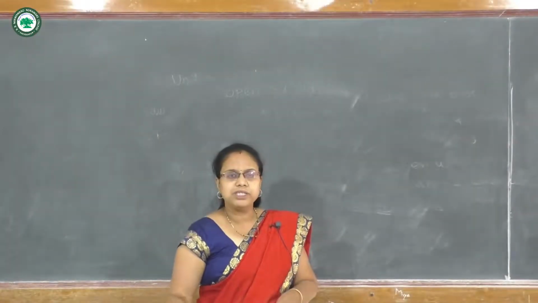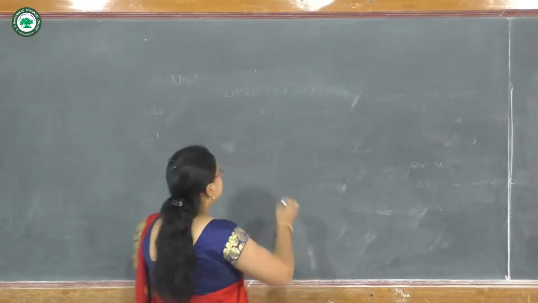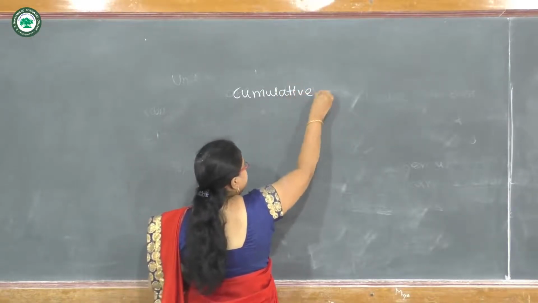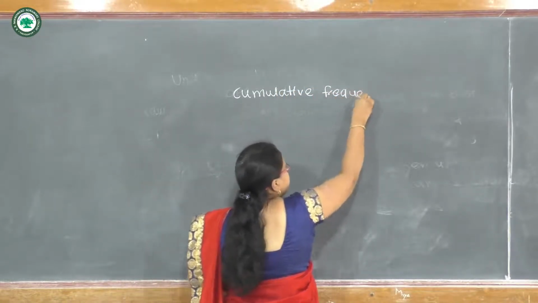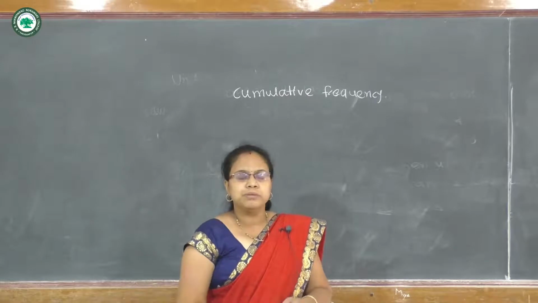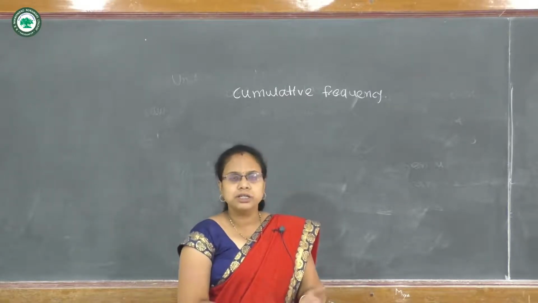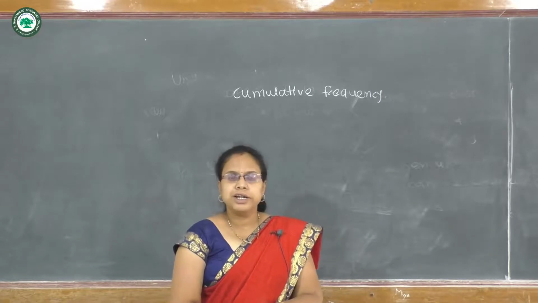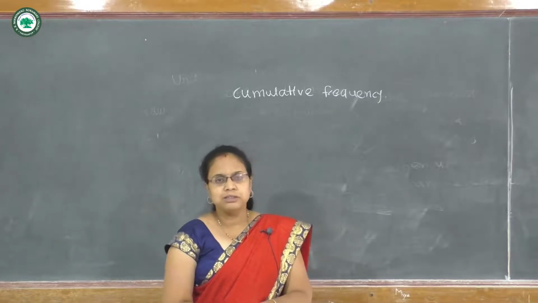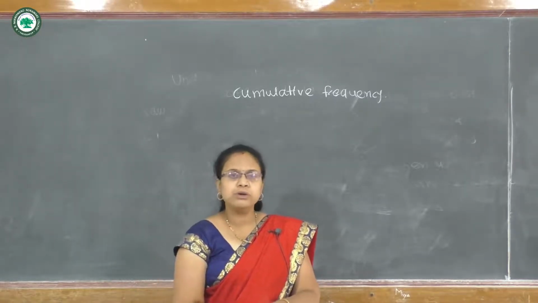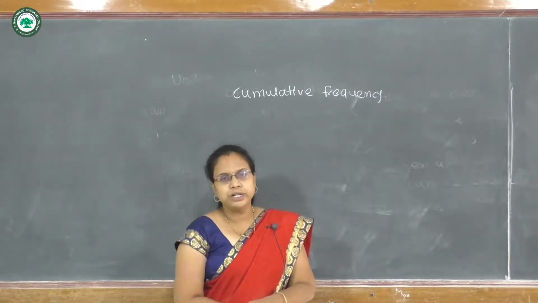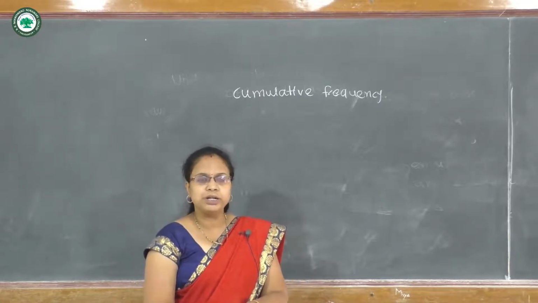The next point we will see is cumulative frequency. Sometimes we are asked to obtain the number of students above a certain range. That is, suppose a 100 marks unit test is taken and we are asked to obtain the number of students who are below 30 or above 60. So in that case we can use the cumulative frequency. There are two types of cumulative frequency.